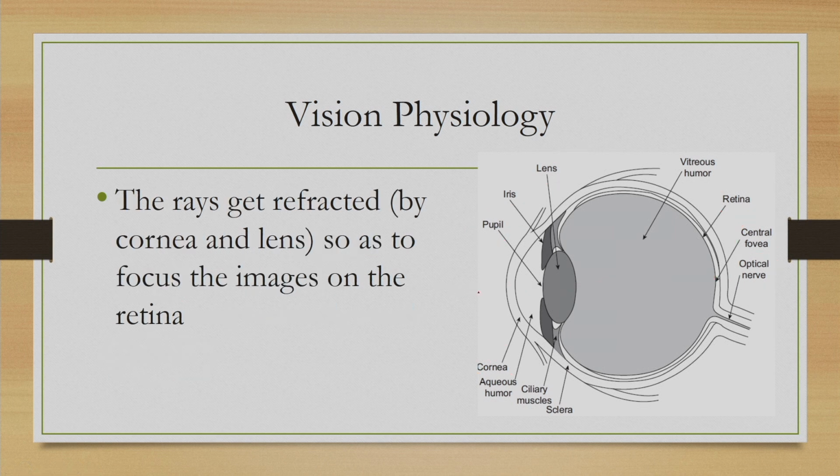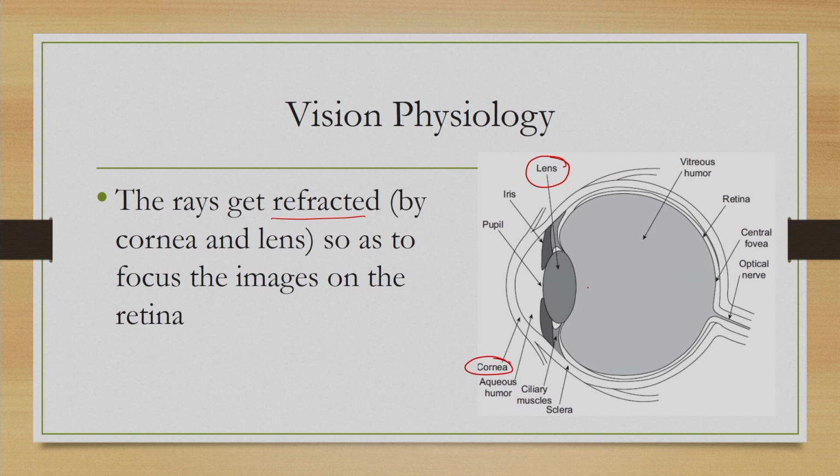Now, during its passage through these various components, it gets refracted by the cornea as well as the lens, so that the image is focused on the retina. So, the lens and the cornea help to focus the image on the retina.